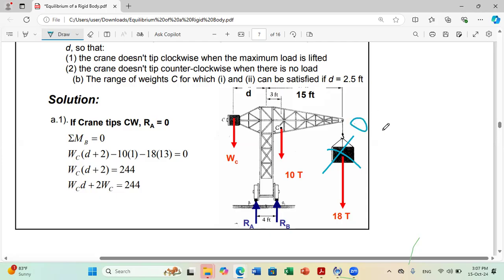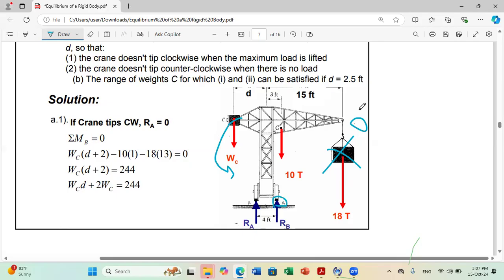If I have zero load here and I have a very large counterweight, my structure can tip over, it can turn in this direction because the counterweight will be able to create a high moment in the counterclockwise direction. And this will make me lose contact with B. So I have the risk of losing contact with B and tipping over A.